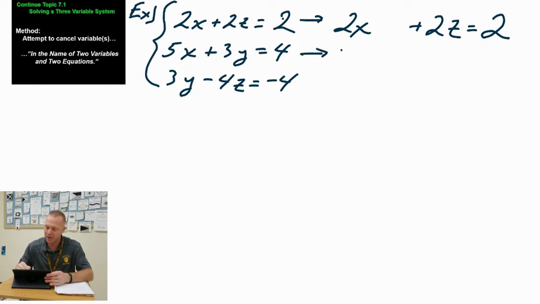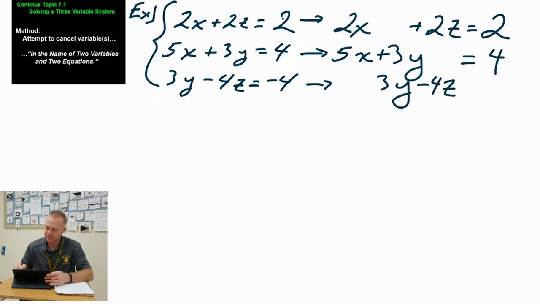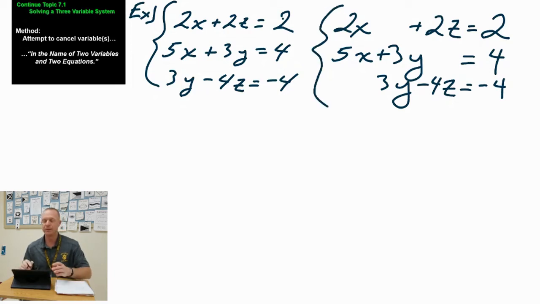In this next equation, I'm missing the z, so I'll leave the z space blank. And the last one, I'm missing x. That might or might not make things easier for you. I'm just saying that some people like to rewrite it with those blank spaces.